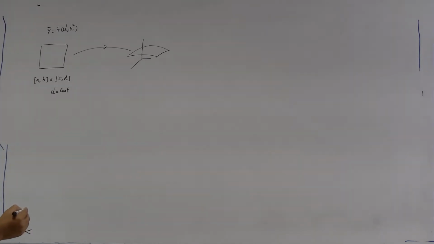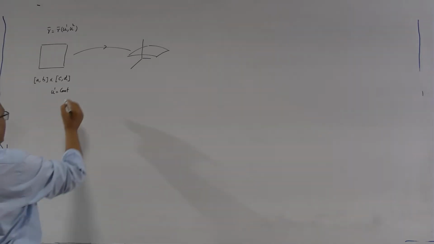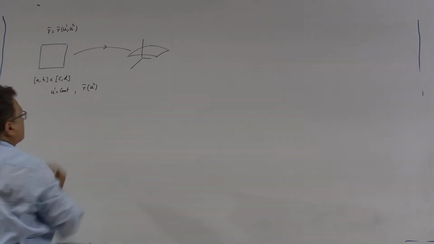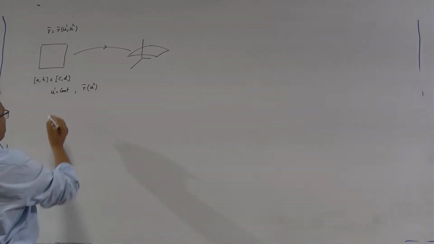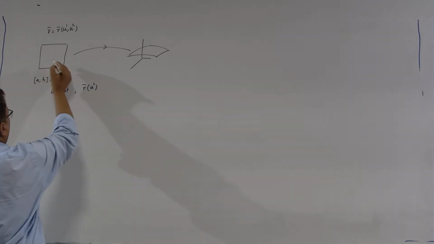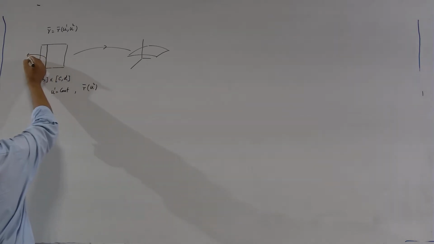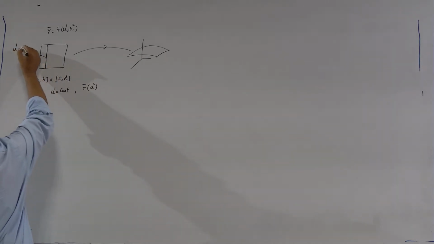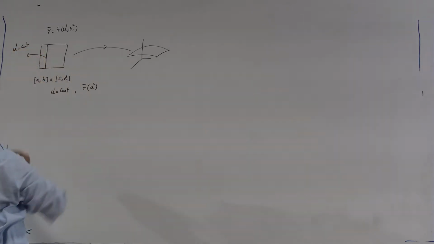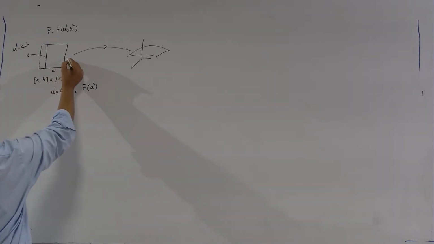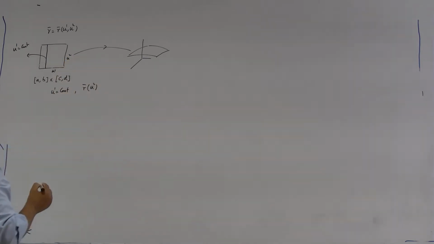If I fix u1 as a constant, then r becomes a function of only u2, and u1 equal to constant means a line like this. So, this is the line u1 equal to constant. u1 varies on the horizontal line, u2 is varying on the vertical line.